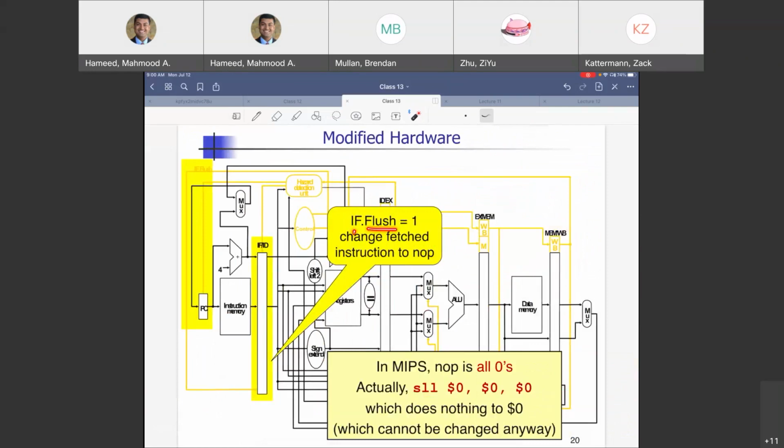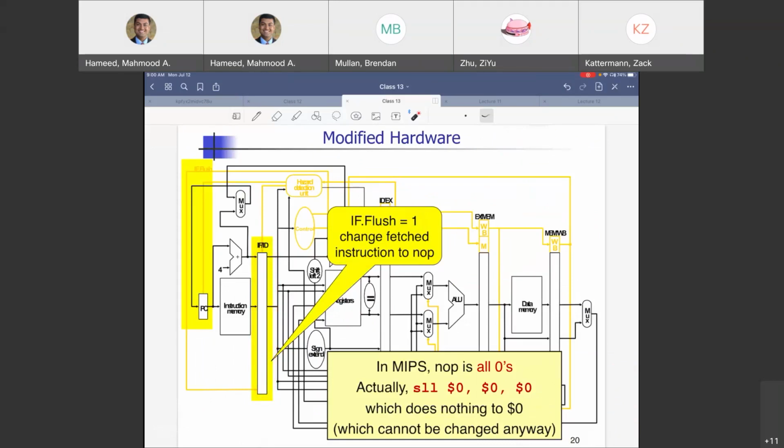In the IF stage, the flush signal, if it is set to 1, essentially means the instruction that you just fetched, the next one, the one following the branch, changes to a NOP. The way you change that to a NOP is to make all of these 32-bit instruction bits go to zeros.